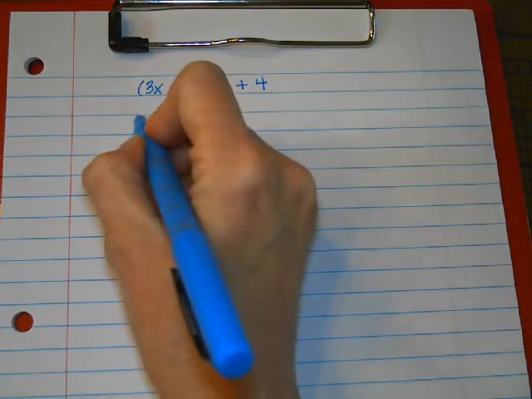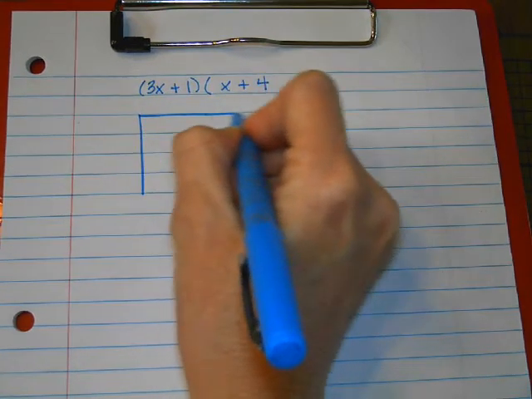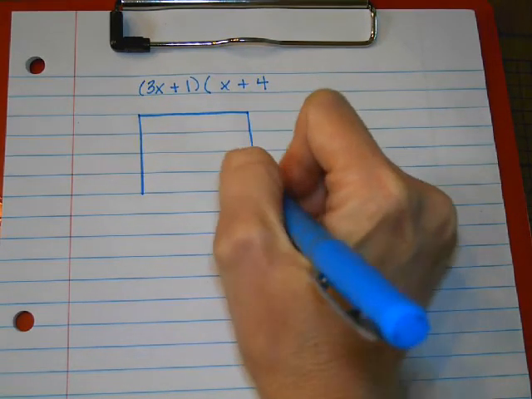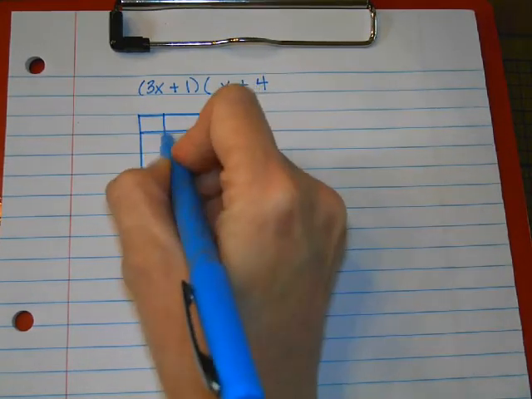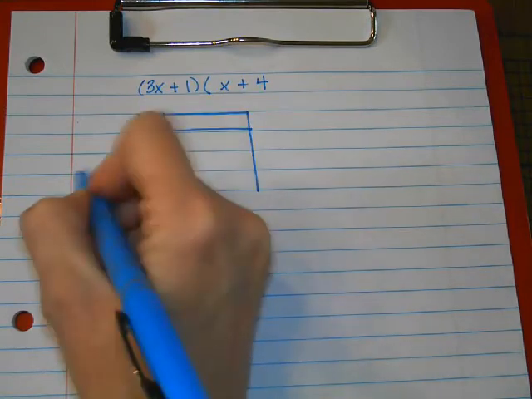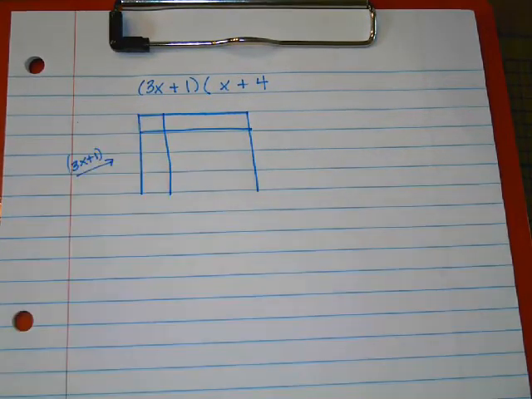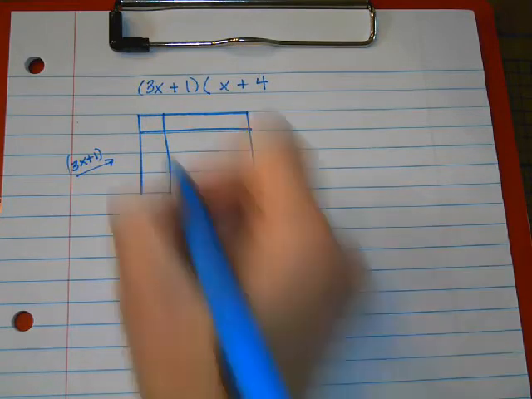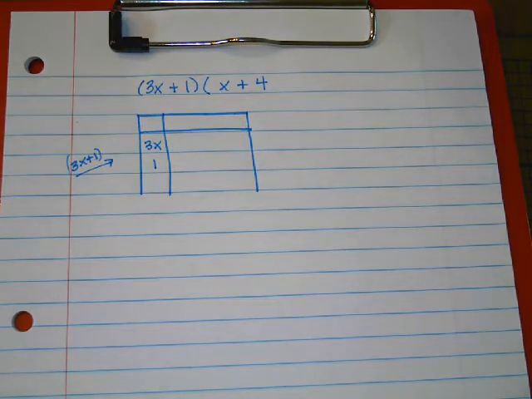All right, so we're going to do our table chart. Again, this side represents the first polynomial, 3x plus 1. So we're going to put our 3x and our positive 1 right there.